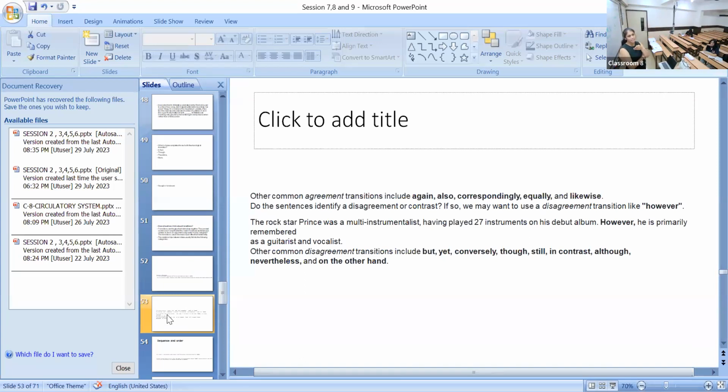Both the sentences are not in agreement with each other. Even though the boy went to school, nevertheless, he failed. Something like that. You can do that.